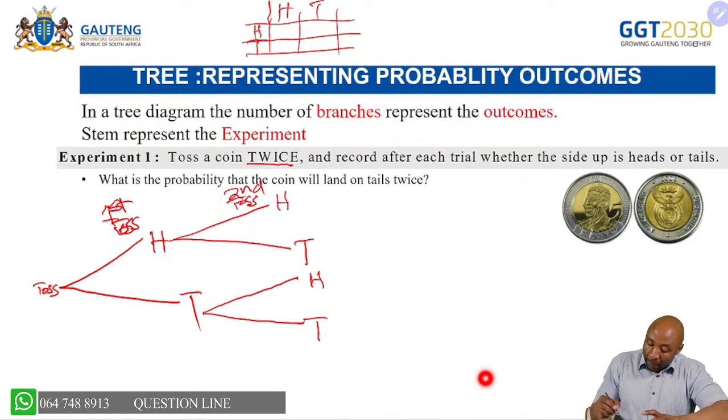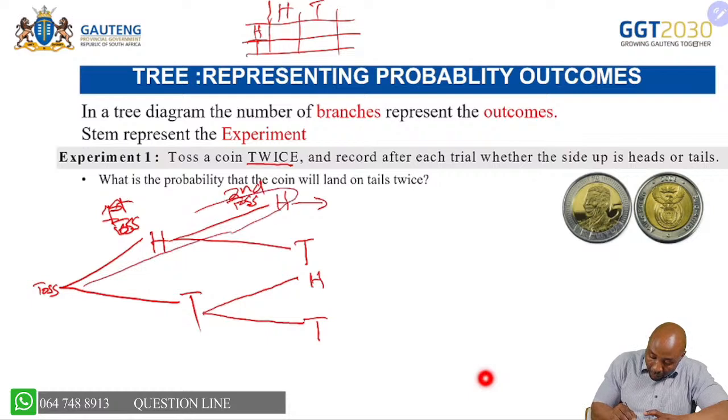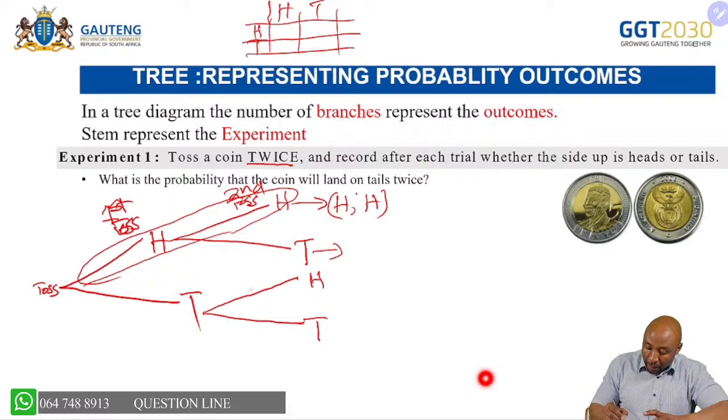Now, I'm able to represent my outcomes. For my outcomes, I have to follow each branch with its outcomes. So the first outcome, if we follow this branch, we are able to see that the first one was a head followed by a head. Second branch, the first toss, we got a head, and for the second toss, we got tails.